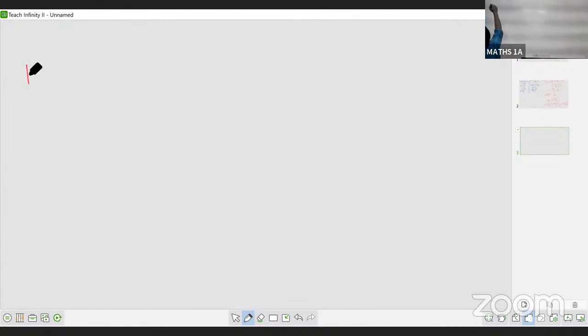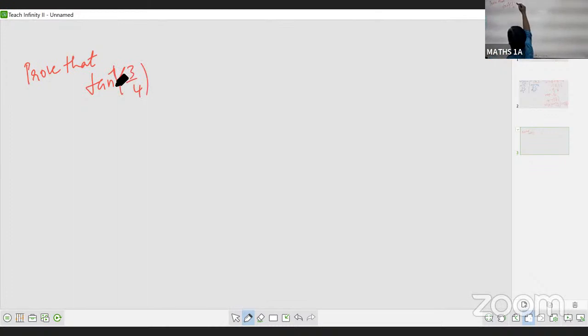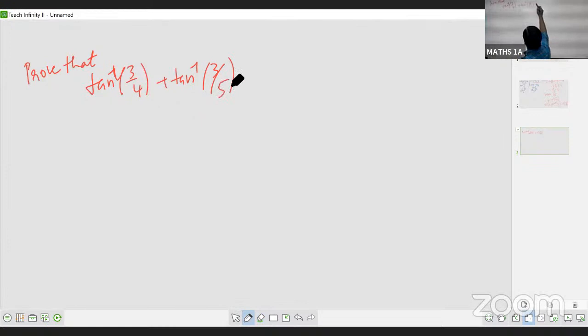Most important, so many times he asked: prove that tan inverse of 3 by 4 plus tan inverse of 3 by 5 minus tan inverse of 8 by 19 is equal to pi by 4.